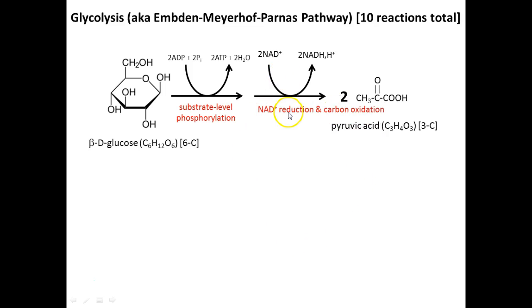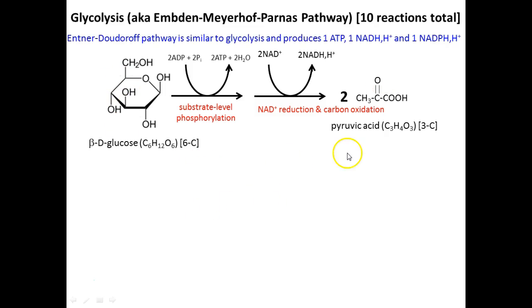So again, it's a reduction reaction. It's gaining electrons, where the carbon is losing the electrons. The carbon molecule becomes oxidized. So this is the Embden-Meyerhof-Parnas pathway, though Parnas usually gets left off.